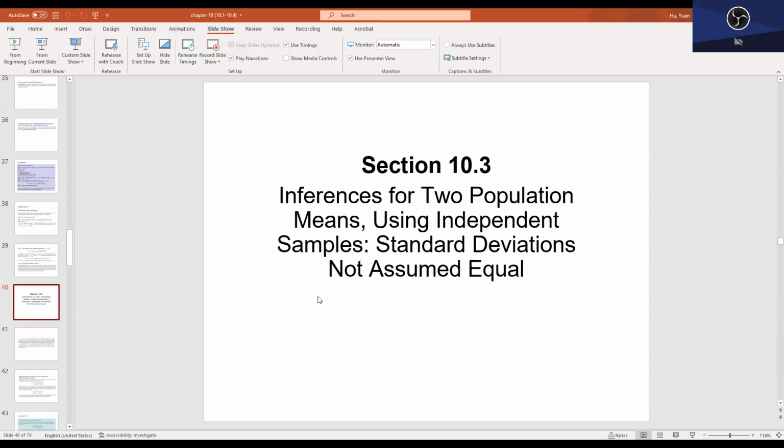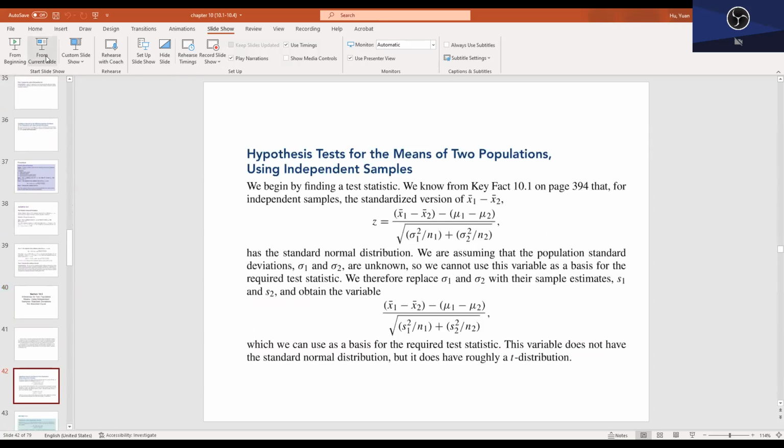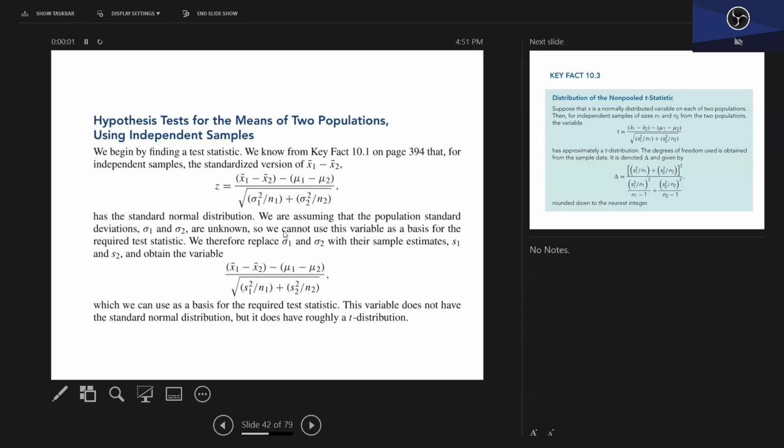This is the more common case because in reality, we don't really know our sigmas, the true values of standard deviation for different populations, right? So we start from the very beginning of this chapter, where we derive the test statistic formula. The first one is what we're looking at.